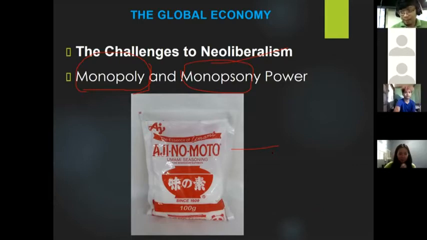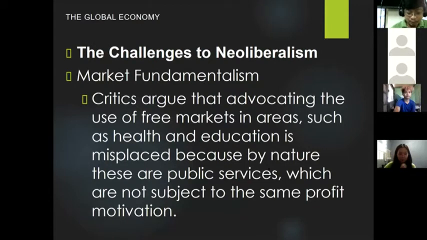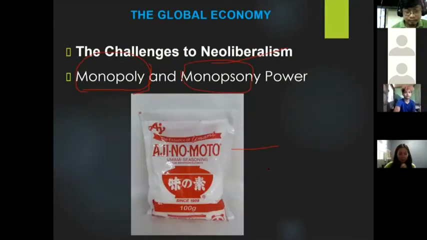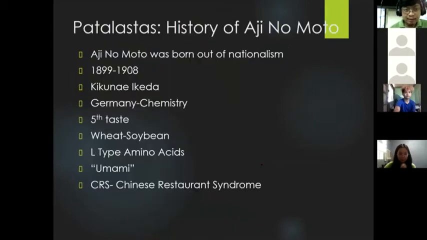Kapag merong isang kumpanya na gusto magbenta ng MSG, kailangan nilang bayaran yung trademark and copyright ng Ajinomoto. And that amount is so big that no other companies dare to compete with Ajinomoto.